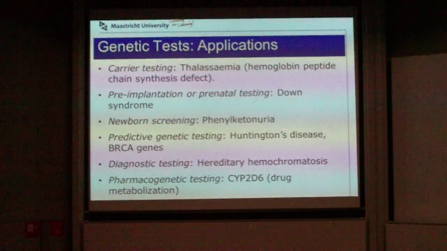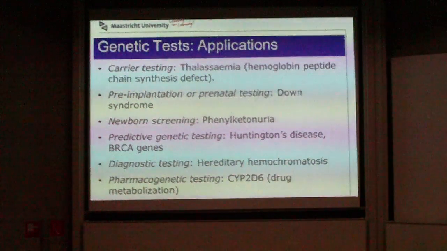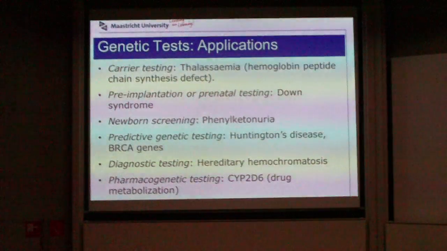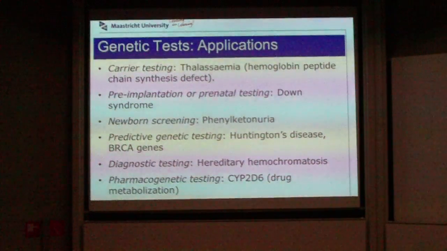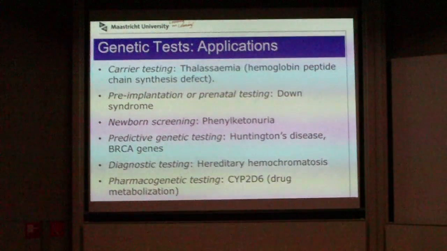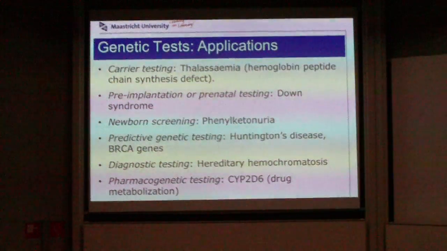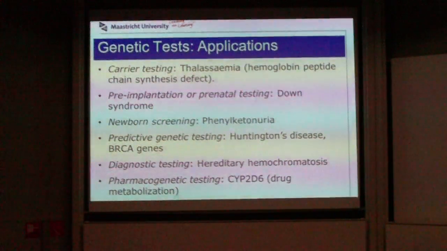So this information you can use in many different ways. You can use it to see if an individual is a carrier of a certain disease, because you have this specific gene, you are a carrier of the disease. An example is thalassemia, which is a defect in the synthesis of the hemoglobin protein, so it leads to anemia.